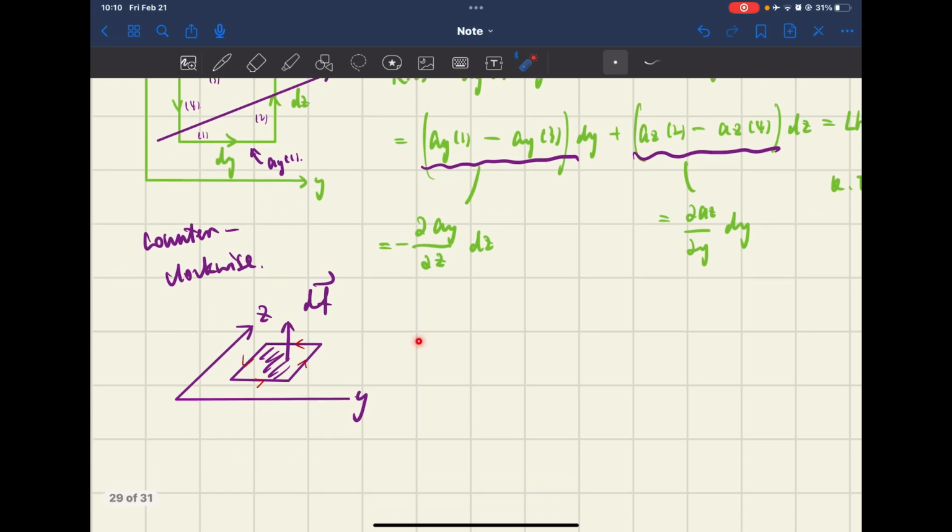For example, here I drew a diagram. If you point your thumb in the same direction as dS, the surface element, like pointing your thumb up, the four fingers will form a curl, and the direction of the curl indicates the direction of integration we're following, which is counterclockwise.